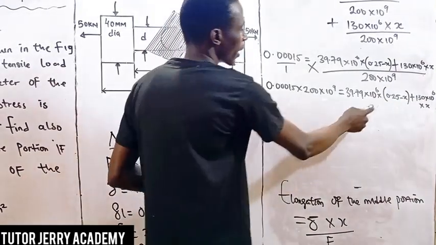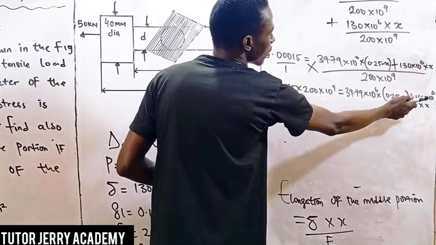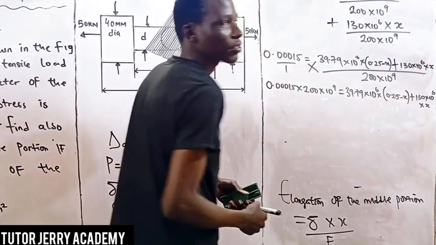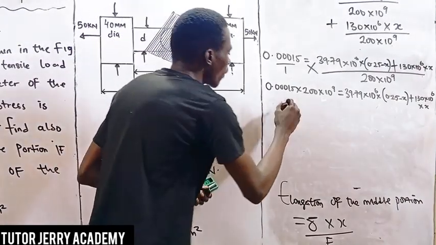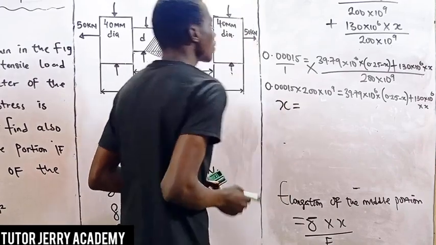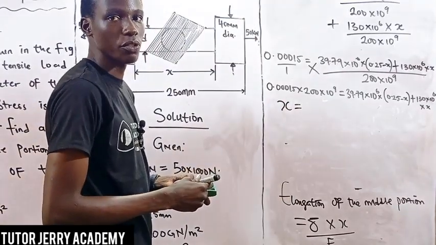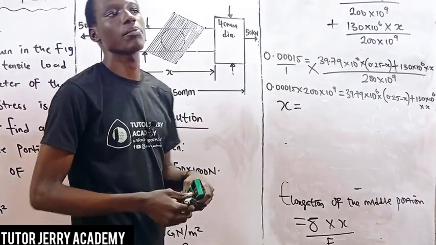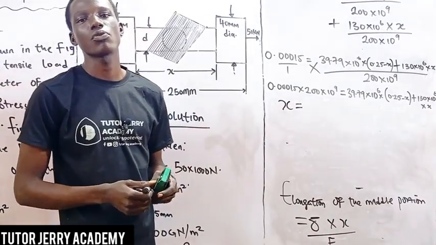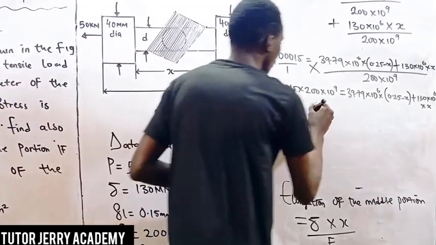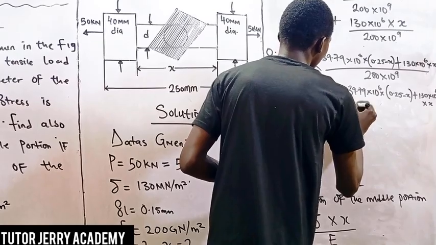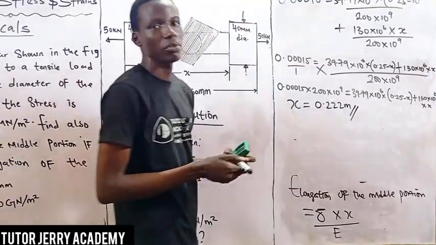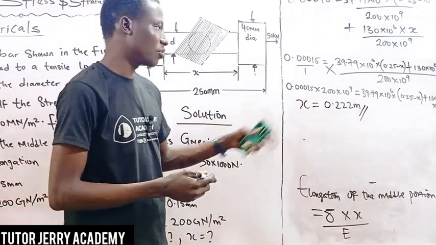Very simple: clear the bracket, add the x terms, and divide both sides by the coefficient of x. You're going to have x, which is the length of the middle portion. Using your calculator, you can do that in just seconds.